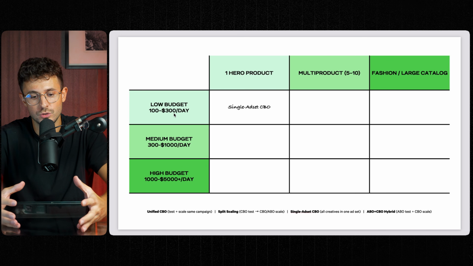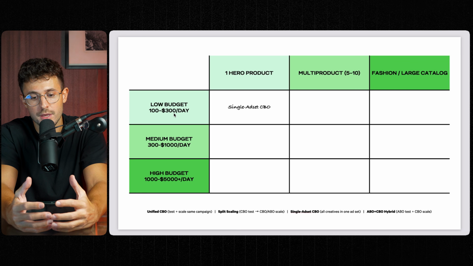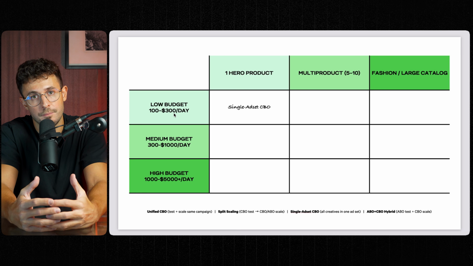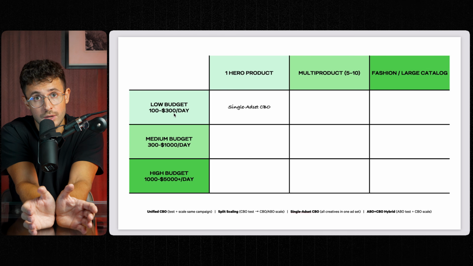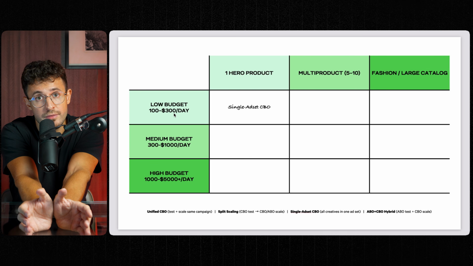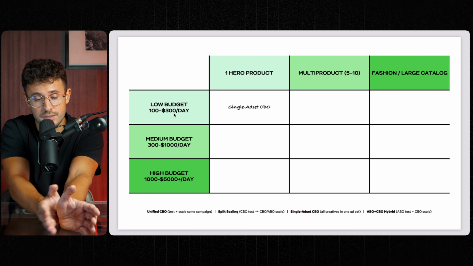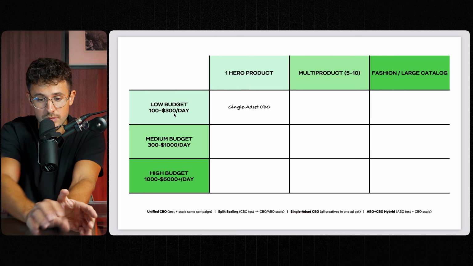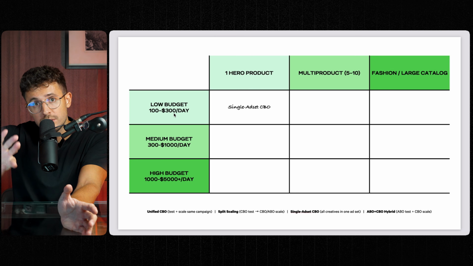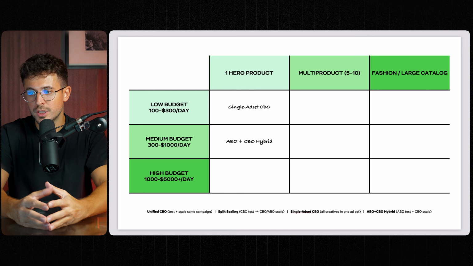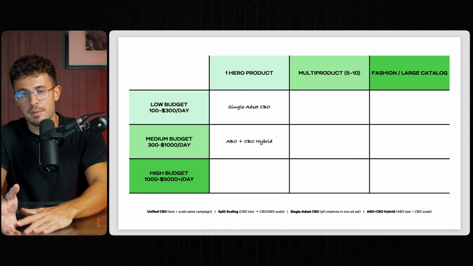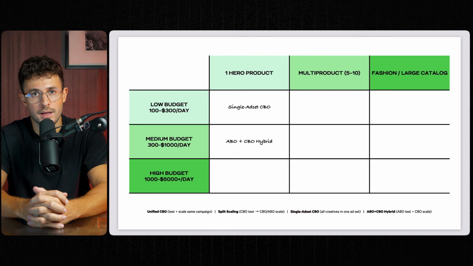Why? Because you need to make sure that you are consolidating all the data inside one single ad set, so you can find stability within that single ad set, because you might reach a lot of events within one week, right? So you can increase the budget, and then this will help you to push towards the new phase, which is the medium budget phase. When it comes to medium budget, you can now start exploring the ABO plus CBO hybrid approach.